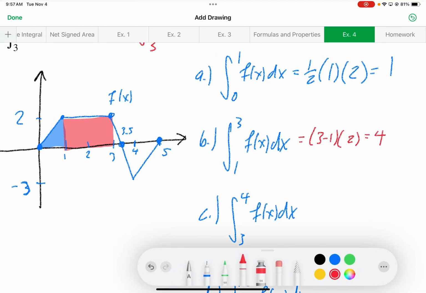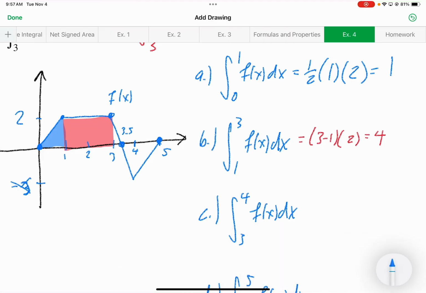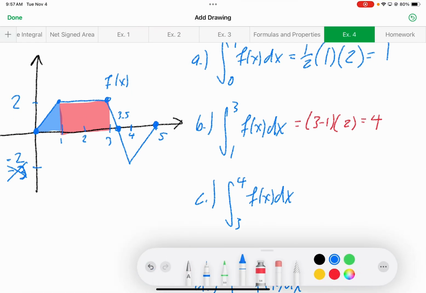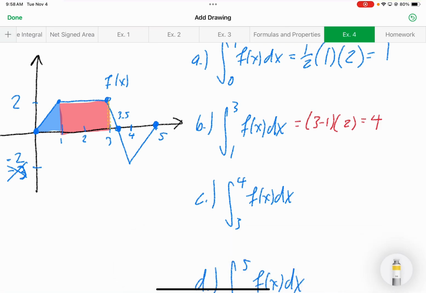All right. Here's what I'm going to do, actually. I'm going to change this value of -3. I'm going to change it to -2. That way it hits that value, and I don't have to worry about it, because then it actually hits at 3.5. Okay, so then what would my area under the curve from 3 to 4 be? Be this area, and then that area.